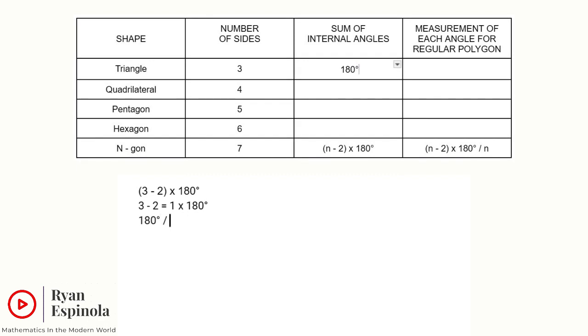Then divide the result by 3, which is the number of sides. So the result of the expression is 60 degrees, which is the measurement of each angle for a regular polygon. We can find the answers for the other shapes using this expression.